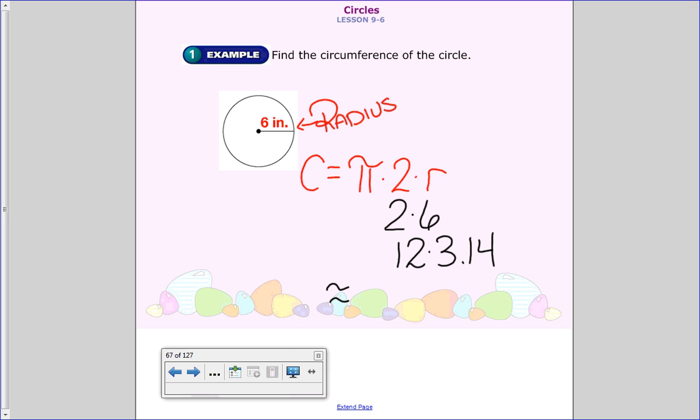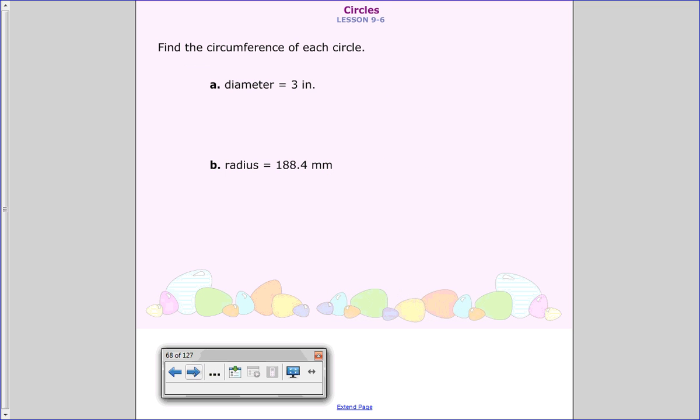And I'll get that the circumference is approximately 37.68 inches. There you go, so that would be your answer. Again, because they gave me the radius, I first multiplied it by 2, then multiplied by 3.14.